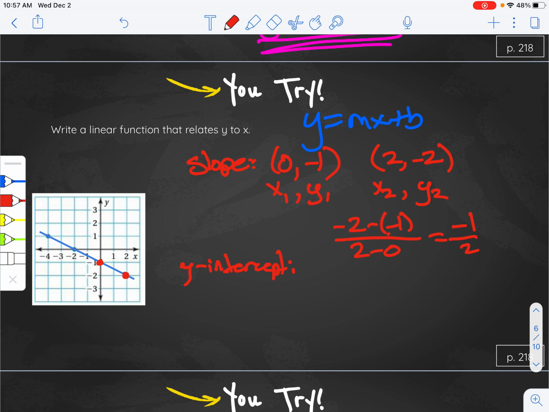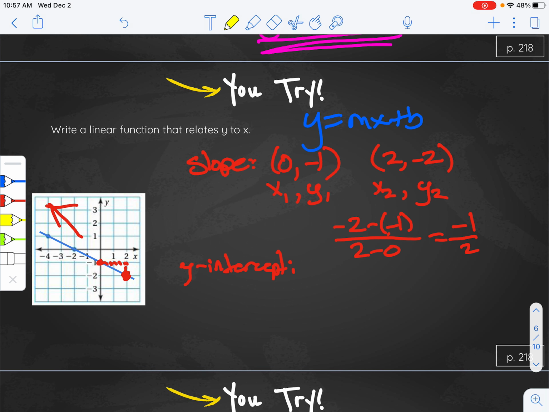So our rise is -1 and our run is 2. And we can double check that again. So first, does the negative make sense? Yes, the negative does, because our graph is going in that negative direction. Our rise, if we look here, our rise up 1 over 2, that seems to match up. So we have a good slope there.